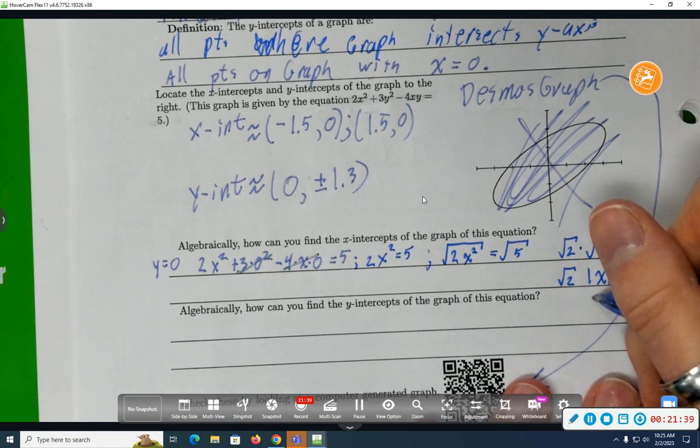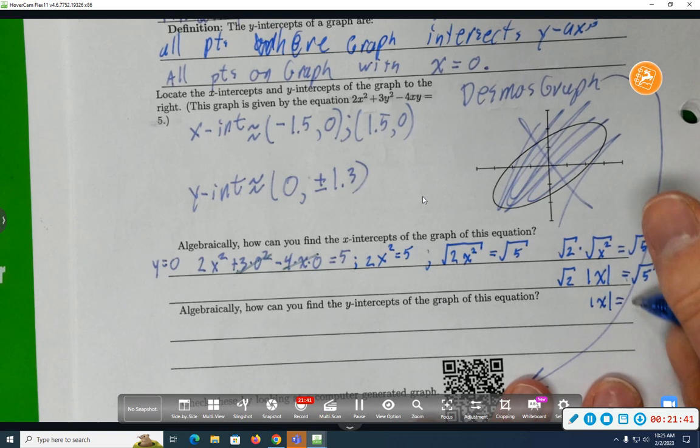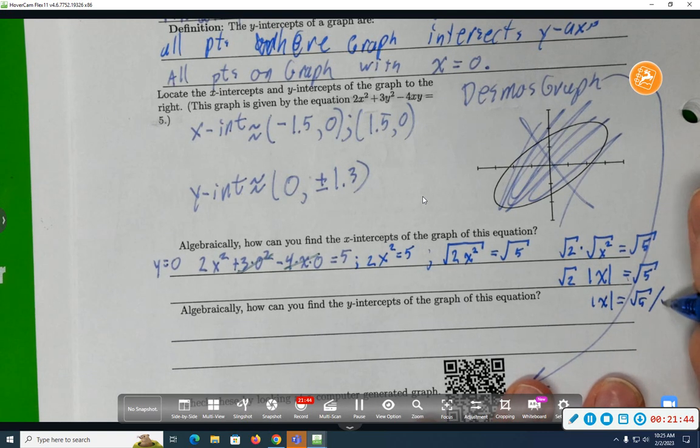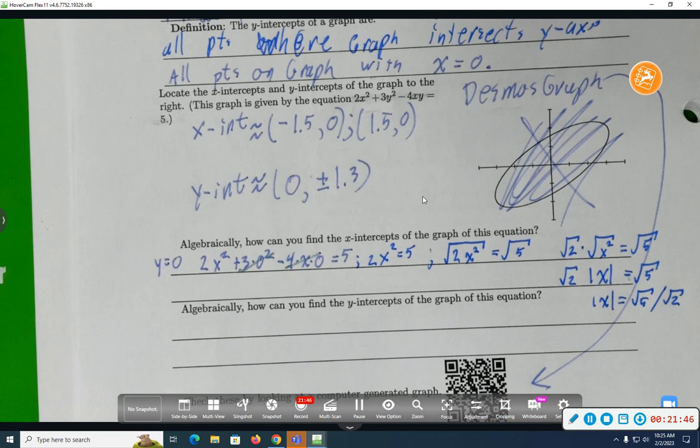Divide by root 2. All right, and if the absolute value of x is that number, then what things could x be? Plus or minus that thing? Yeah.